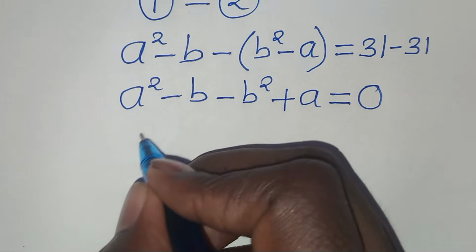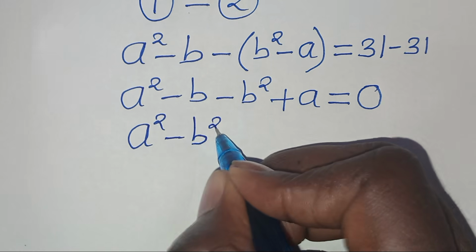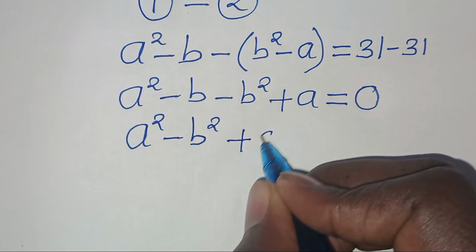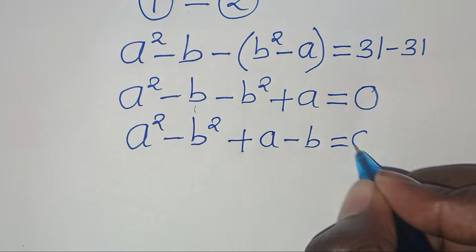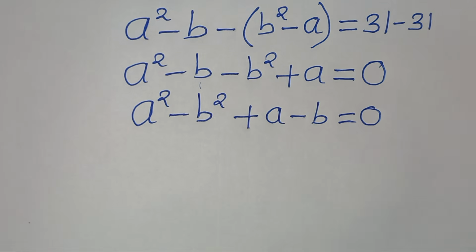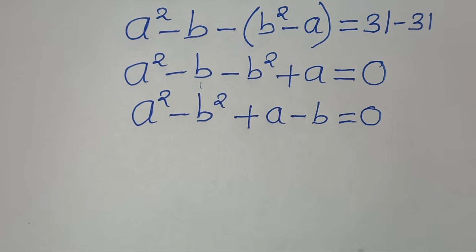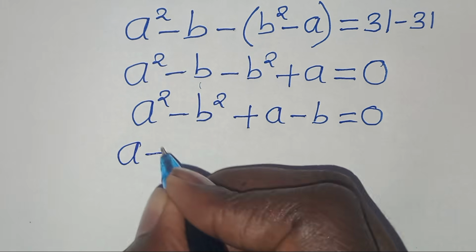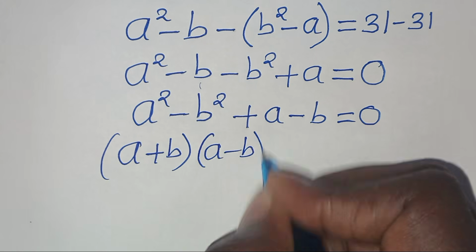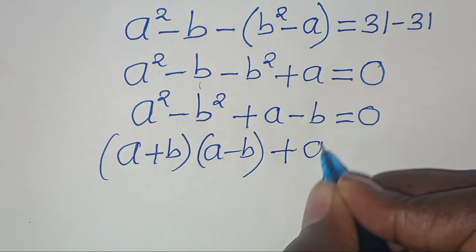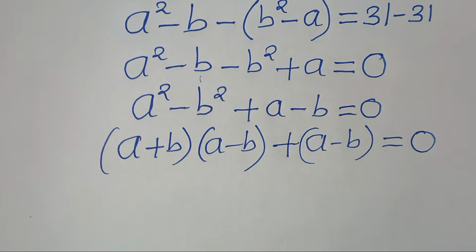The next step is that we have a squared, subtract b squared, then plus a, subtract b, this is equal to 0. Now we have that a squared minus b squared is the difference of two perfect squares that we can express as a plus b, multiplied by a minus b, then plus a minus b, equal to 0.